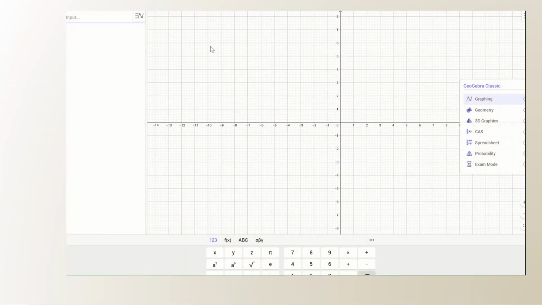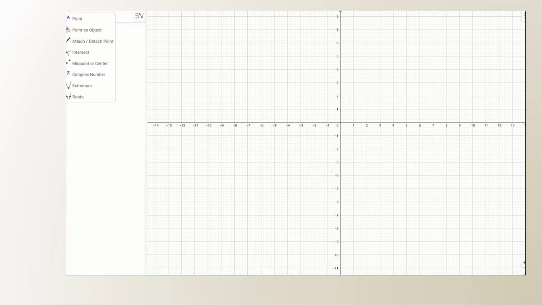So I'm using the graphing app GeoGebra, and we're going to graph this line given the slope of 4 and that the line's going to pass through the coordinate -3, -6. So I'm going to get my point tool, click right there, and go to -3, -6, x is -3, y is -6, and put a point right there.